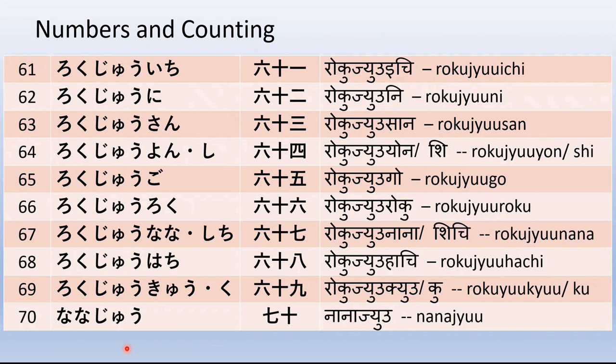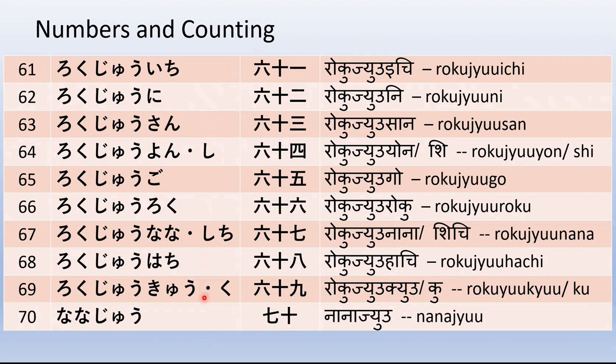Then we have Rokuju Ichi, 61. Rokuju Ni, 62. Rokuju San, 63. Rokuju Yon, 64. Rokuju Go, 65. Rokuju Roku, 66. Rokuju Nana or Rokuju Shichi, 67. Rokuju Hachi, 68.